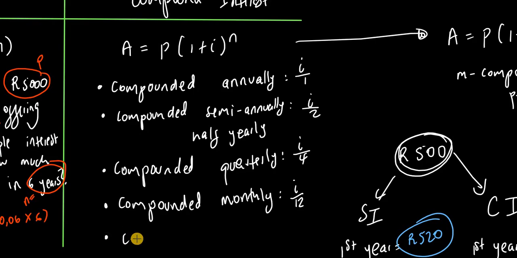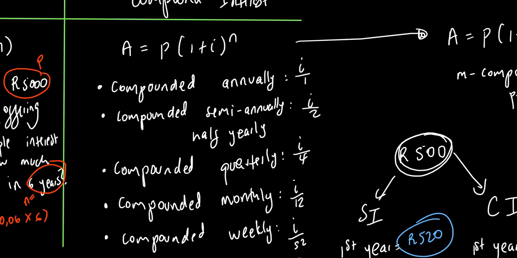And then lastly, if it is compounded weekly, then that means you divide your I by 52. That means you're going to be earning interest 52 times.